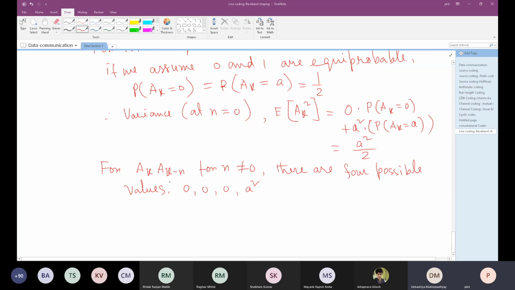This product can be 0, this can be 0, this can be A into 0, this can be 0 into A, and A into A, which is A square. So 3 times 0 and 1 time there will be A square, because AK can take either A or 0.